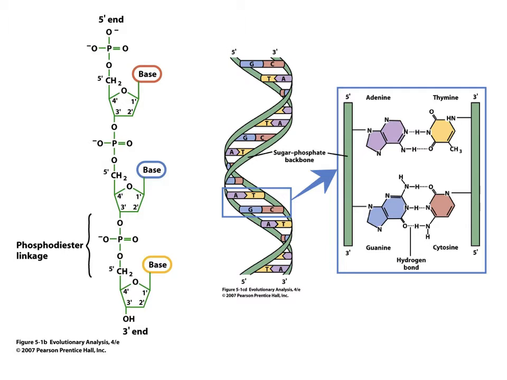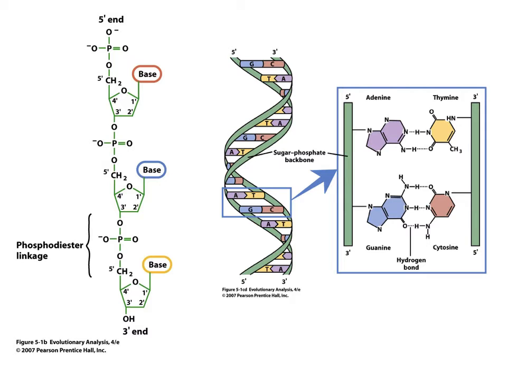If you look over on the left-hand side, you see that each nucleotide is bound to another through what we call a phosphodiester bond. This phosphodiester bond forms between the 5' phosphate group, or the phosphate group attached to the 5' carbon, and the hydroxyl that is attached to the 3' carbon. And so that bond forms, that links one nucleotide to the other nucleotide.